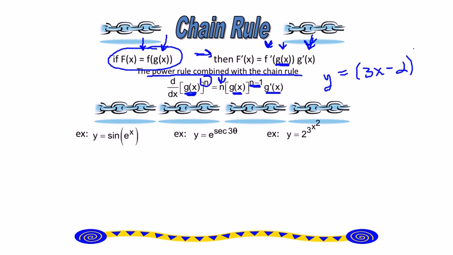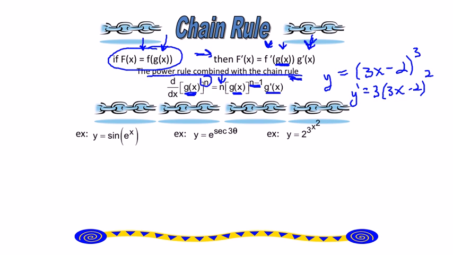2 cubed. Let's say we wanted to take the derivative of that and we didn't want to multiply that out 3 times. We would use the power chain rule, this version of the power rule, where we bring the 3 down front, copy paste the inside, subtract 1 from 3, and then we multiply by the derivative of the inside.